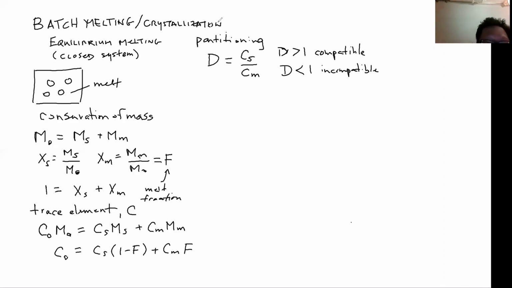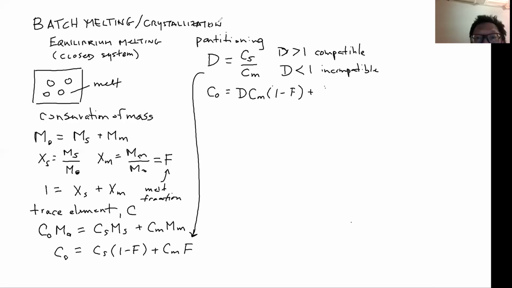We can then take this and substitute it in here for Cs. So Cs would be Cm times D, and that will then give you C0 is equal to D Cm (1 minus F) plus Cm F, okay?